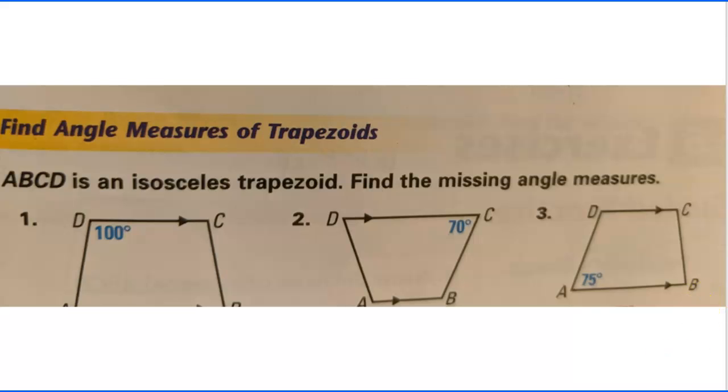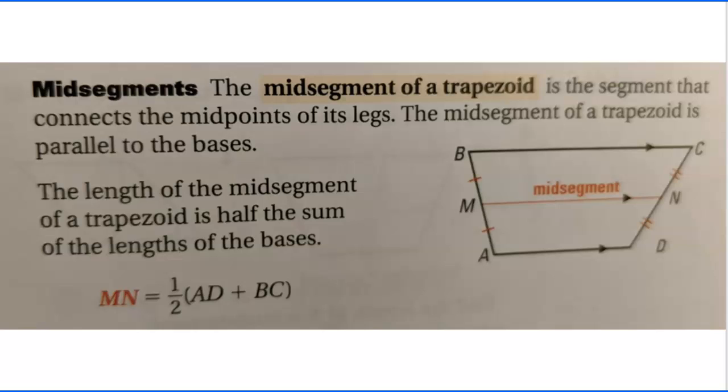Okay, next we want to take a look at right underneath of the checkpoints that we just did. We have what's called a mid-segment of a trapezoid. And in this, the mid-segment of a trapezoid is the segment that connects the midpoints of the legs.